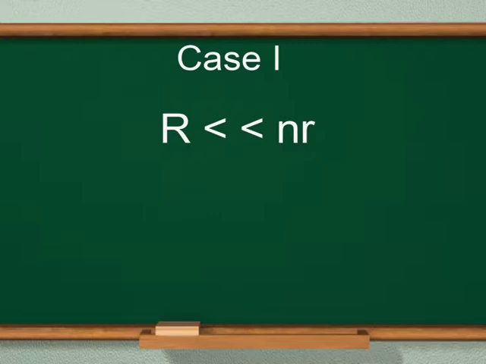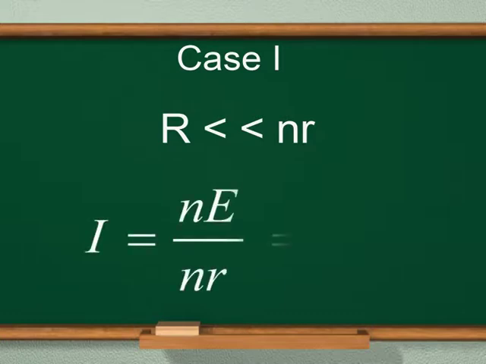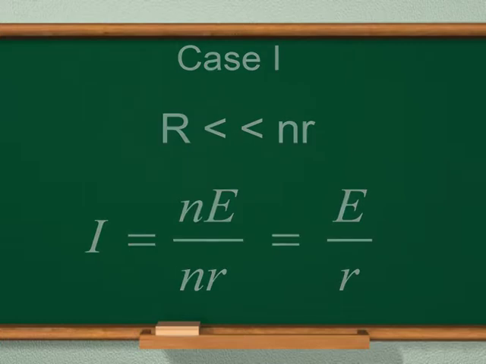Then R can be neglected in comparison to nr. We can now write I equal to nE upon nr, which is equal to E upon r. Thus, the current in the external resistor is the same as due to a single cell.